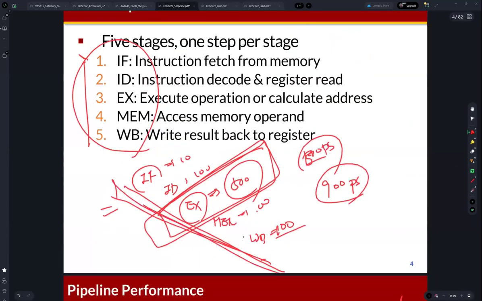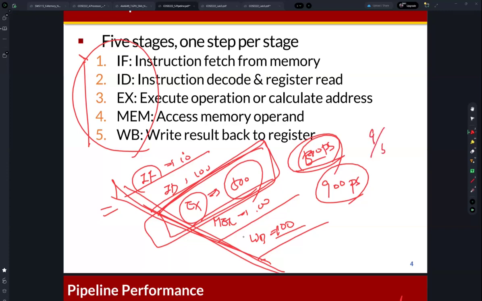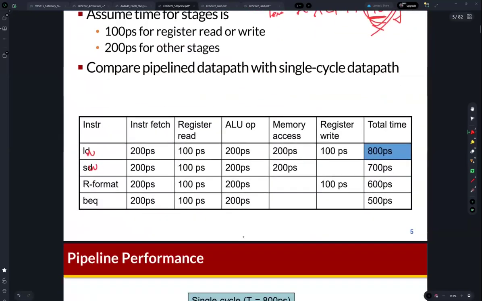But in reality, the longest delay of the pipeline stage decides the clock period. So it means the delay of each stage needs to be balanced. In this example, it is 500 picoseconds. So actually, the speed up is 9 divided by 5, which is 1.8.